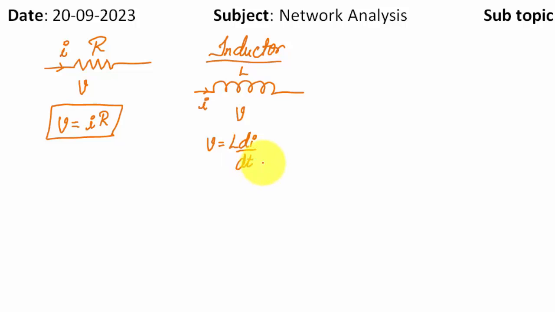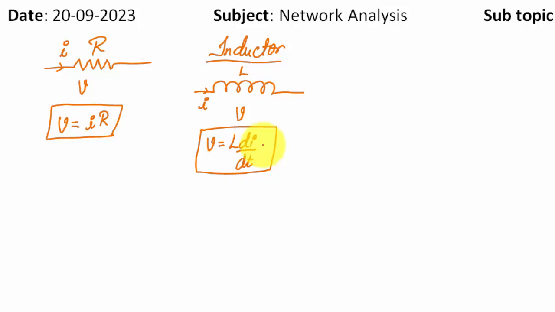Now you see, you got to know that the expression is getting changed. There, what was the value of voltage? 0. Current can take any value. But here mathematically, how I am explaining the inductor: V equals L into di by dt.